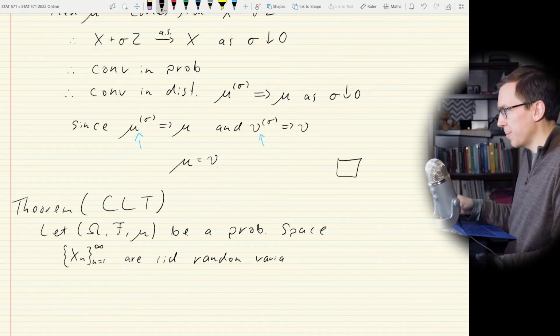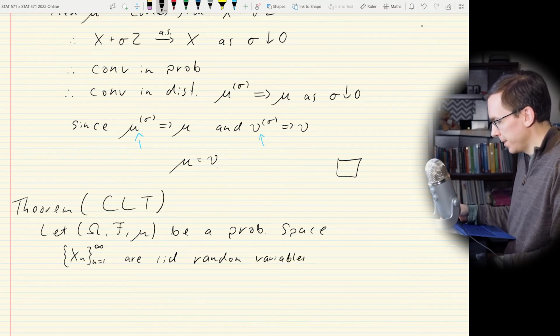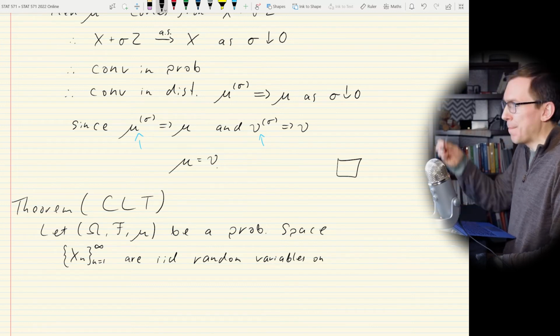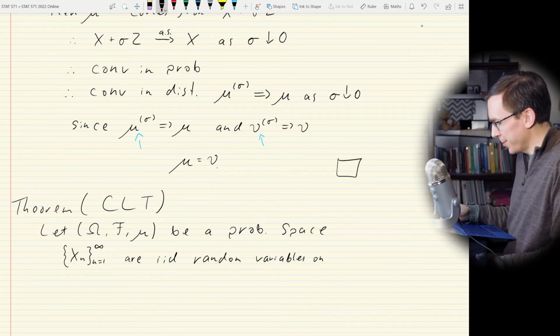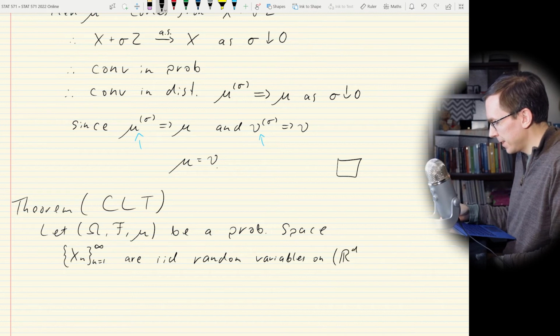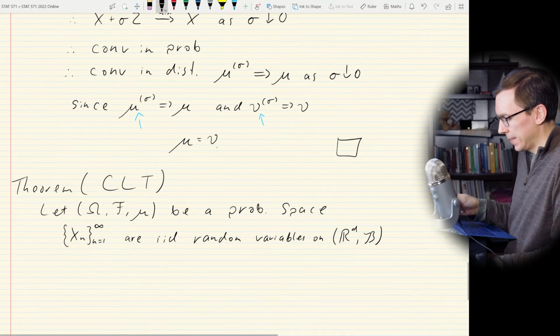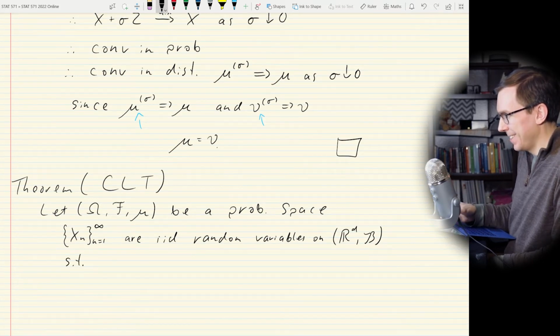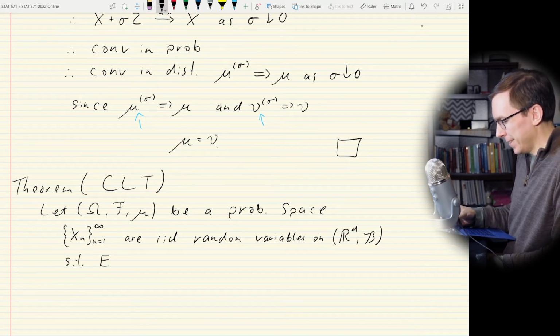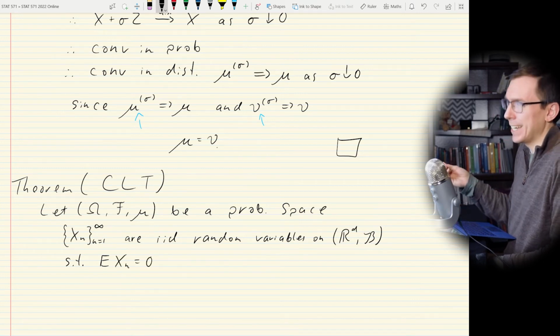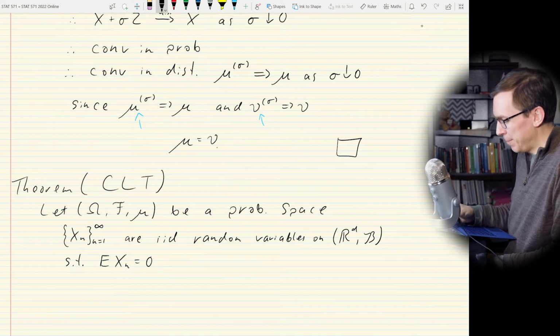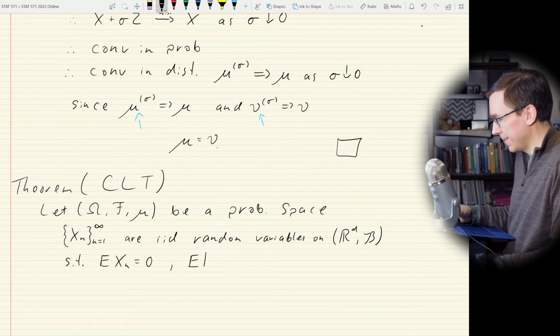Independent, identically distributed random variables that map from omega into R^d with Borel sets, such that the expected value of X_n is going to be 0 for all n, right? I mean, they're all IID, so of course it's for all n. Mean 0, and the second moment has to be finite.